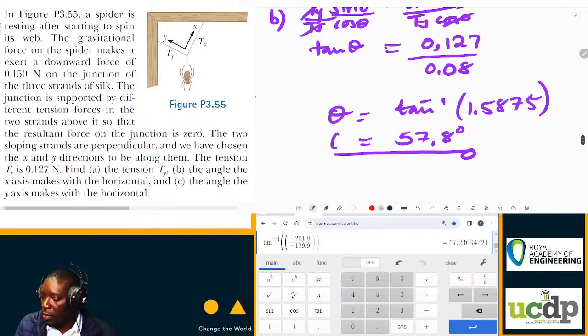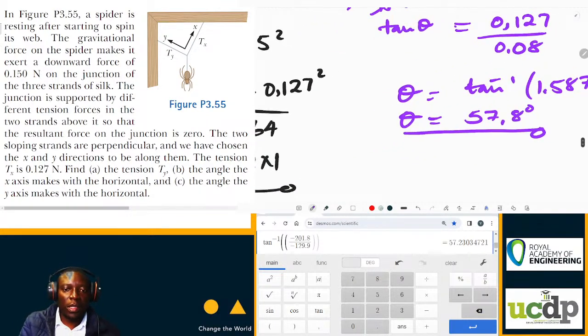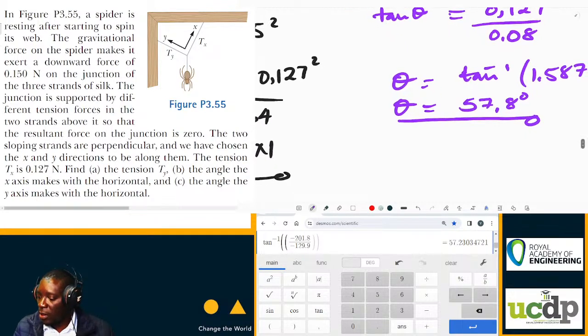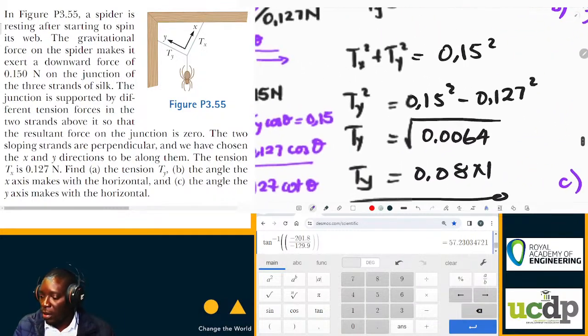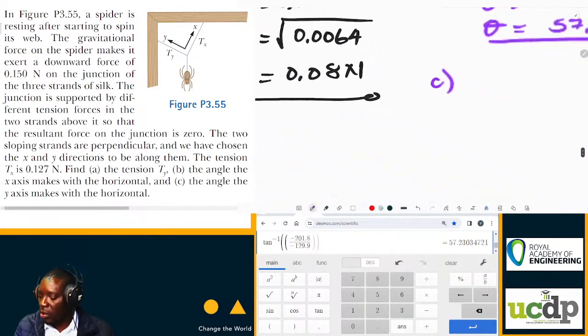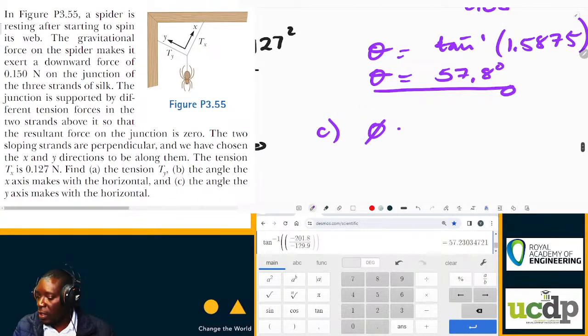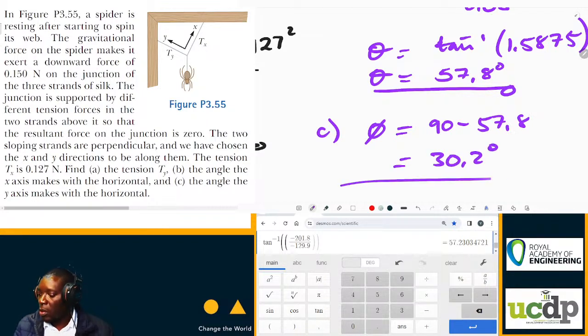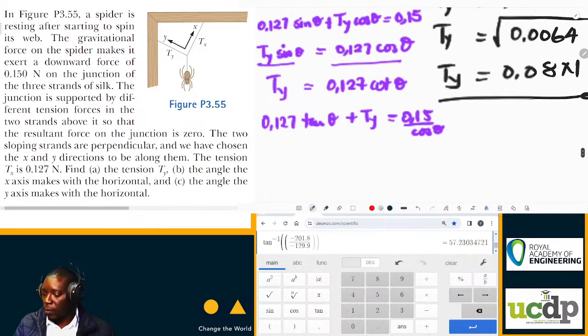That's the angle theta. So the angle the x-axis makes with the horizontal will be 57.8 degrees, and the angle the y-axis makes with the horizontal will be 90 minus that. The y-axis is the one for Ty, so the angle it makes with the horizontal will be phi equals 90 minus 57.8, which is 30.2.